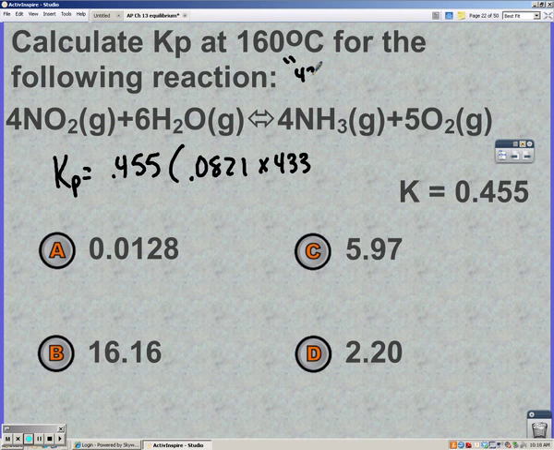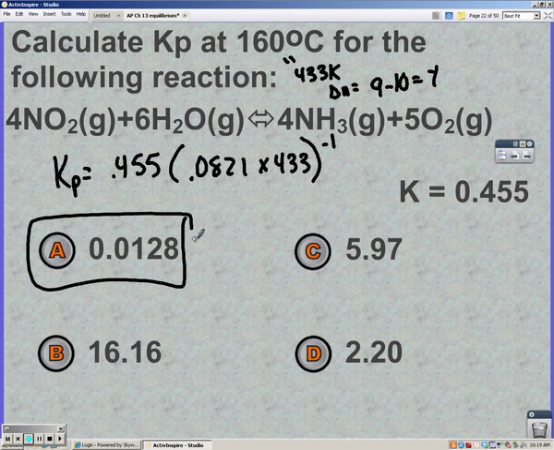And then to find our delta N, remember it's products minus reactants. I have 9 gas products minus 10 gaseous reactants, which also gives me a -1. Plugging that in, I get 0.0128.